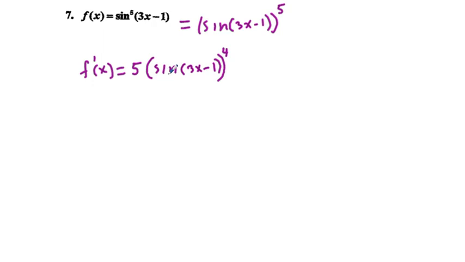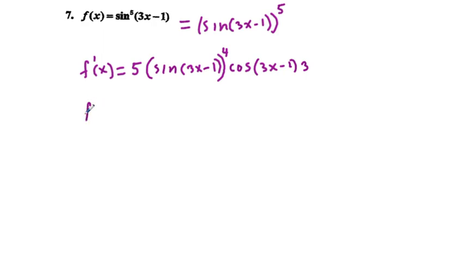Well, what's the derivative of sine? It's going to be cosine. So we're going to say cosine of 3x minus 1, times, yet again, the derivative of this inside. Well, 3x minus 1 is what's inside, and 3 is the derivative of that 3x minus 1. So this unravels a whole bunch of stuff, doesn't it?